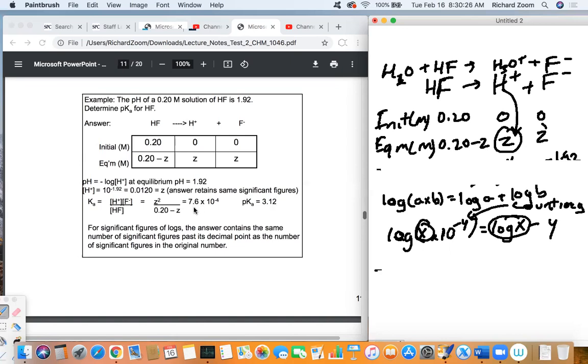So that's 7.6, that's 2 significant figures, which means we end up with 2 places past the decimal once we do the log, which results from this being a counting number at the front. So these decimal places end up being the significant figures. So 2 sig figs means 2 decimal places on the log. Does anybody have any questions? Any questions?